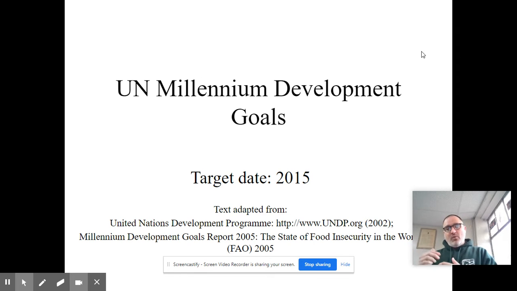And so with that being said, they took like a snapshot 5 years in. So we'll kind of talk about that. They'll have projections of where things are headed based on data that they've accumulated. And so this is kind of the United Nations first look 5 years into the United Nations Development Goals.